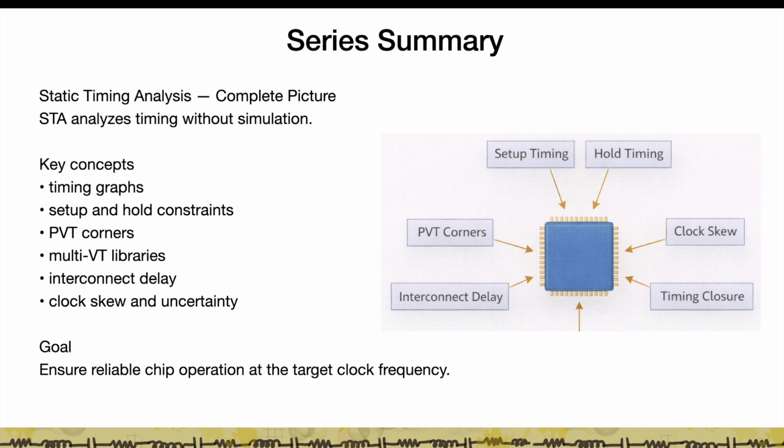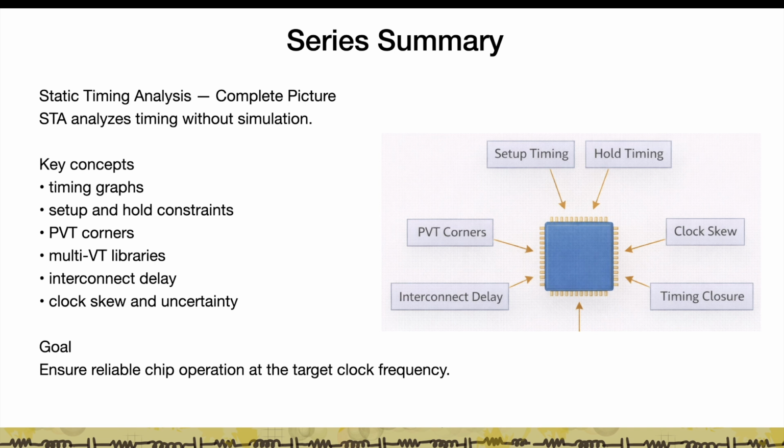Interconnect delay, driven by RC physics and its squared relationship with wire length, often dominates path delay in modern nodes. Clock skew and uncertainty modify the effective timing budget in ways that can help or hurt, depending on direction. And timing closure is the iterative process of making everything pass.